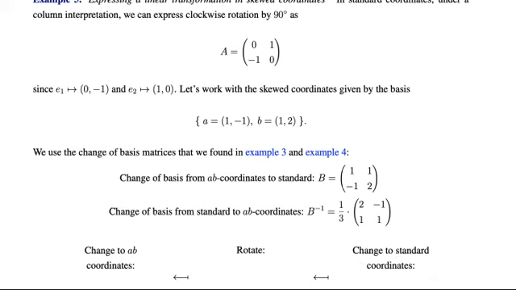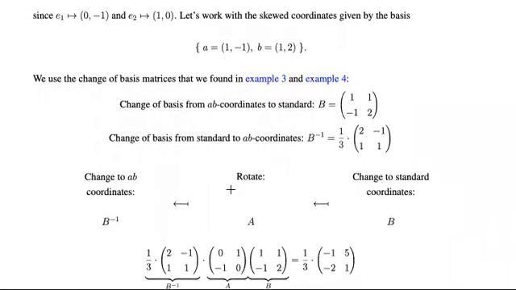Okay, so let's look at how we're going to do that. First of all, we need a change of basis from AB coordinates to standard coordinates. Now the notion of pretending is like a transformation.